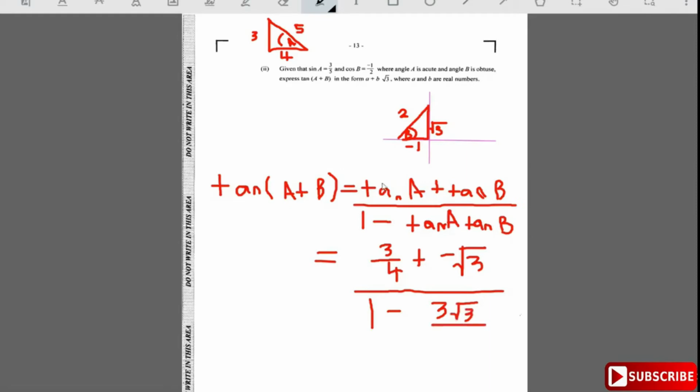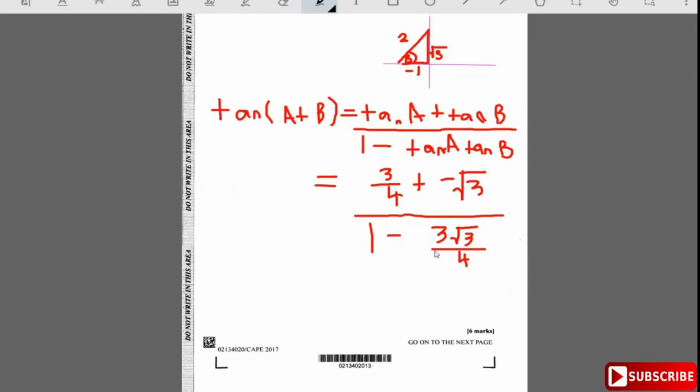And they want it in this form. Oh gosh, we're going to have to rationalize. So they're giving us a module 1 concept in module 2. First and foremost, instead of saying 1 minus that, I'm going to write 1 as 4 over 4, so it's 4 minus 3 root 3 over 4.